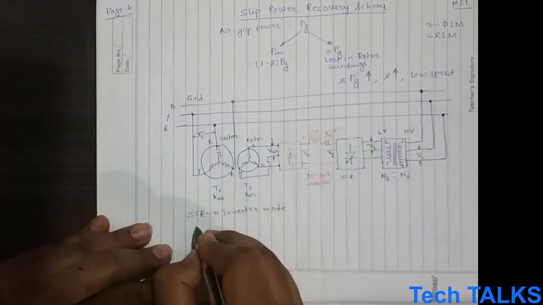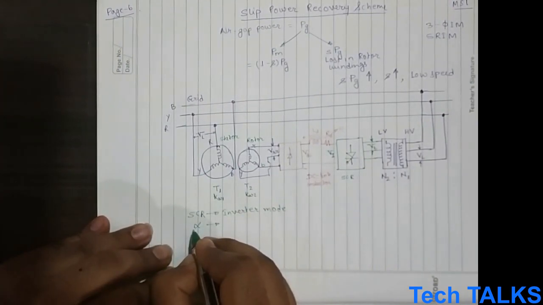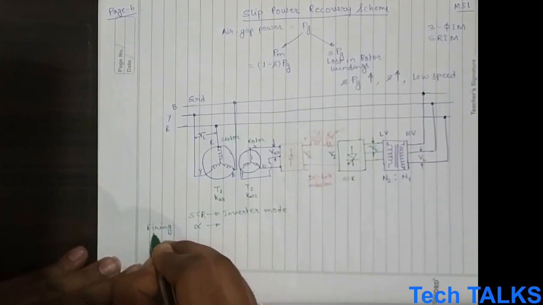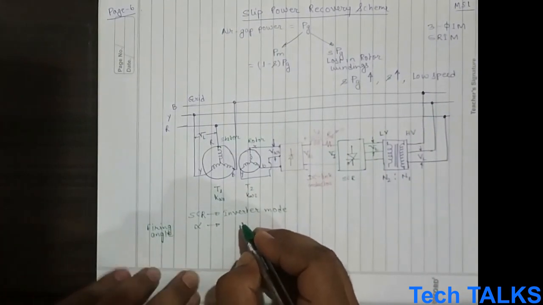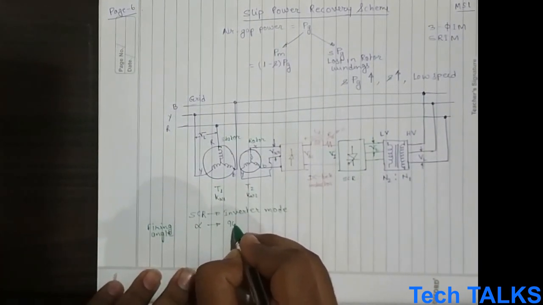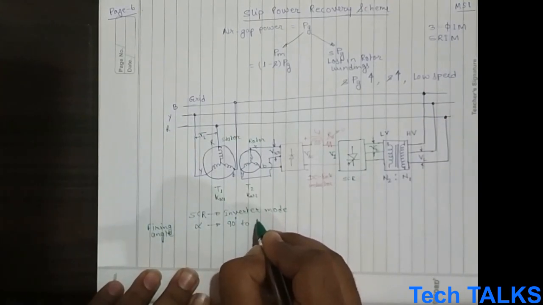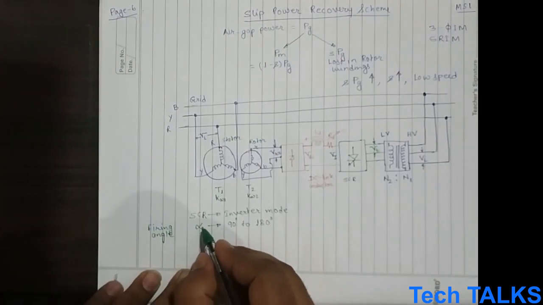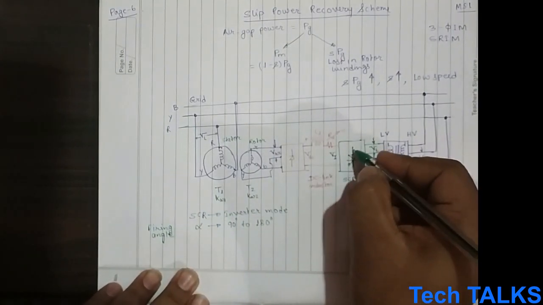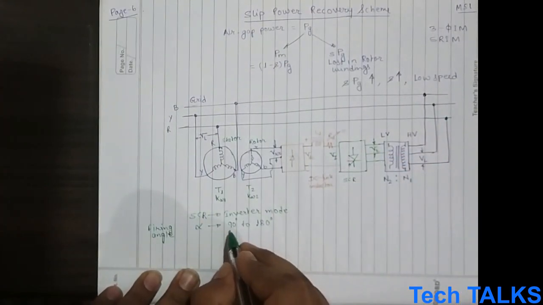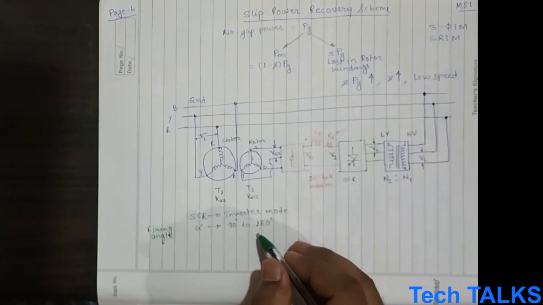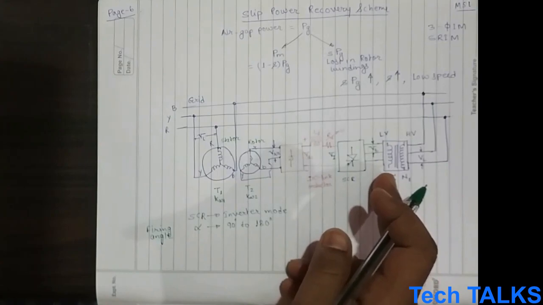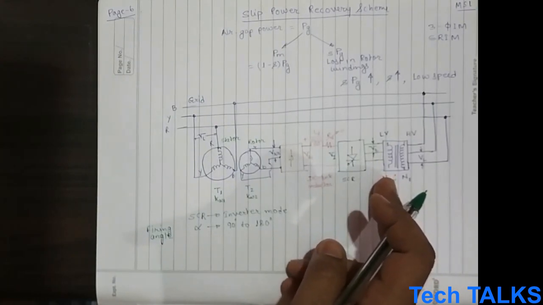That means alpha, the firing angle, can only operate from 90 degrees to 180 degrees. Because from 0 to 90 degrees, this thyristor would be operating in rectifier mode. Only after 90 degrees will it operate in inverter mode. So this is the only available range of alpha. Certain things you just keep in mind.